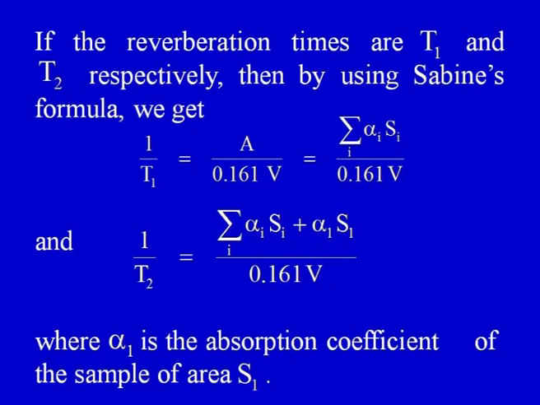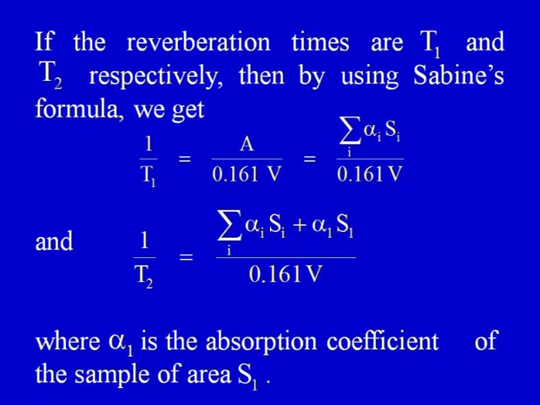If the reverberation times are T1 and T2 respectively, then by using Sabine's formula, we get 1 upon T1 is equal to summation of alpha Si divided by 0.161 times V, and the other result, 1 upon T2 is alpha Si, that is the original contribution, plus alpha 1 S1, that corresponds to the sample, divided by 0.161 times V. Alpha 1 is the absorption coefficient of the sample of area S1.